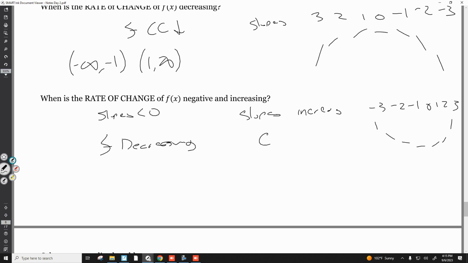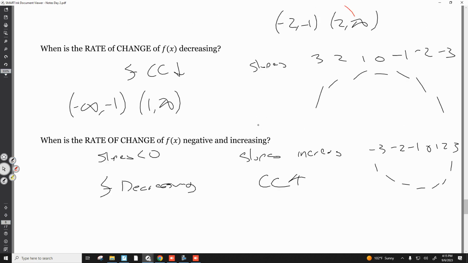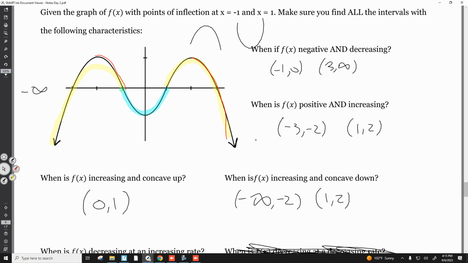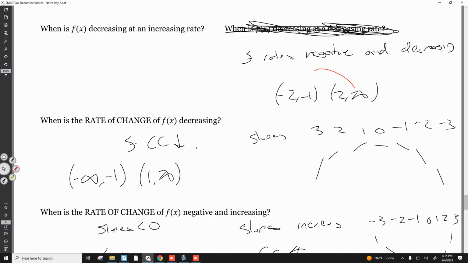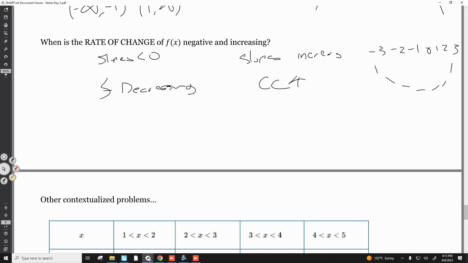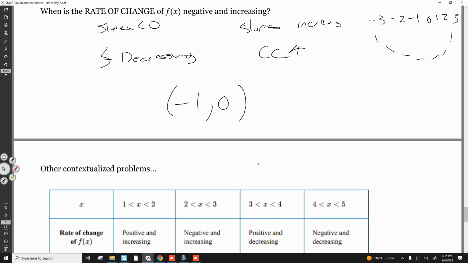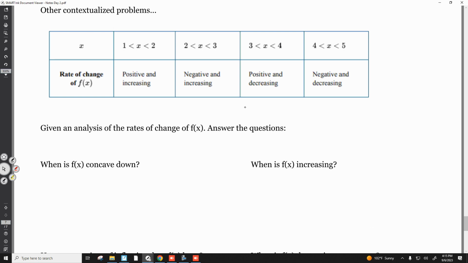So this question is really asking when F is decreasing concave up. I'm just asking it a different way. Decreasing concave up is -1 to 0. We can have the same questions asked to us, but just told about the rates of change.